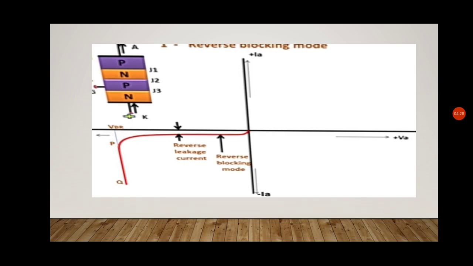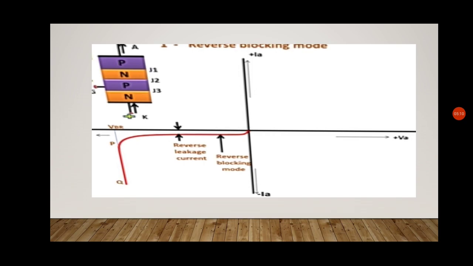But after a certain point, say VBR, which is the breakdown voltage of the SCR, if we keep on increasing the positive voltage across the cathode, at a certain voltage, which is the VBR, the reverse breakdown voltage, the junctions J1 and J3 will go through breakdown, which is the avalanche breakdown, and due to this breakdown a huge amount of current will start flowing through the SCR.